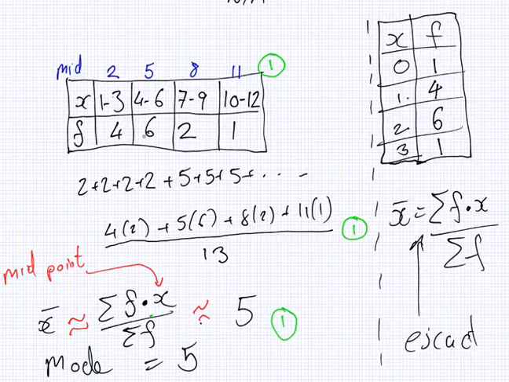It doesn't actually matter, because whatever it is, it will be in this box. It goes 1st, 2nd, 3rd, 4th, 5th, 6th, 7th is in here, then 8, 9, 10, 11, 12, 13th. The 7th value is in this box. So again, it's 5 here.